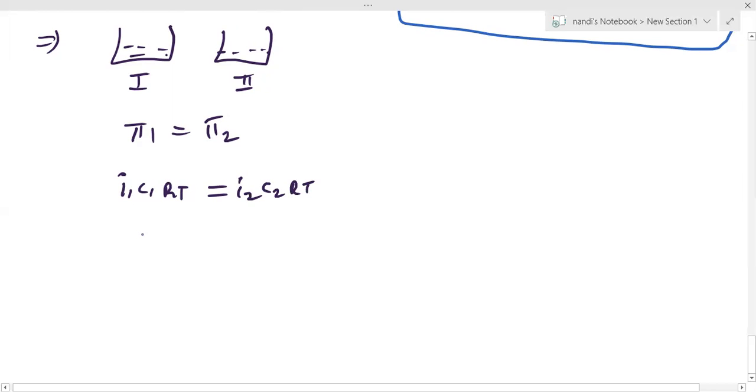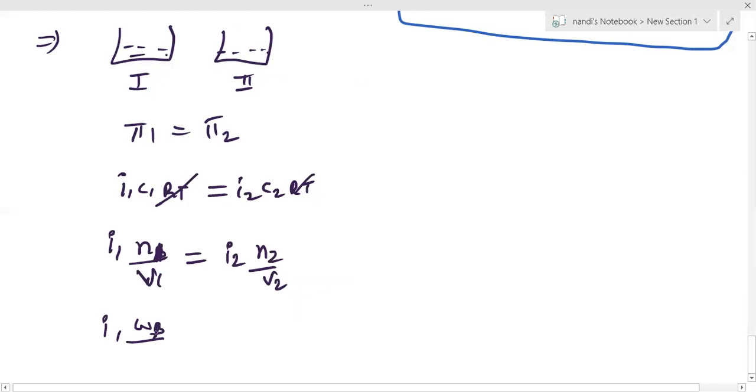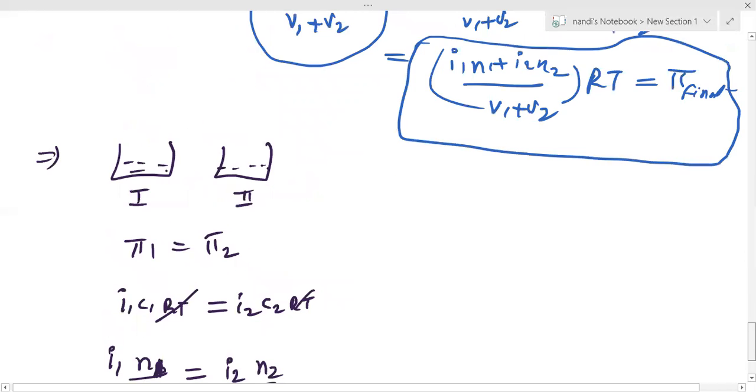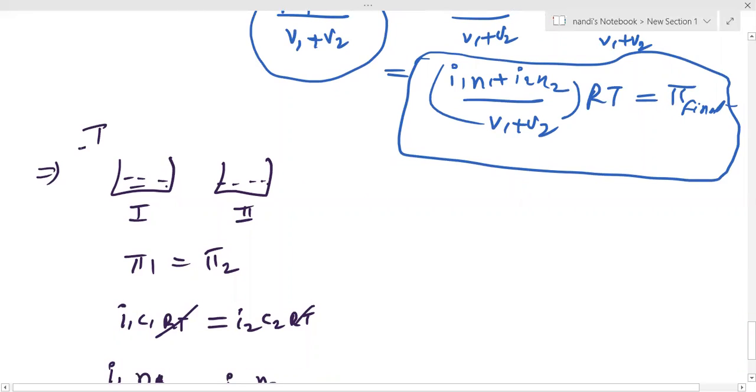RT cancels, and C is n by V, so n1 by V1 equals i2 into n2 by V2. Writing n as W by M, we get i1 into W1 by M1 equal to i2 into W2 by M2. This is the formula we use most of the time for solving. This is for isotonic, sir. Please note it down.